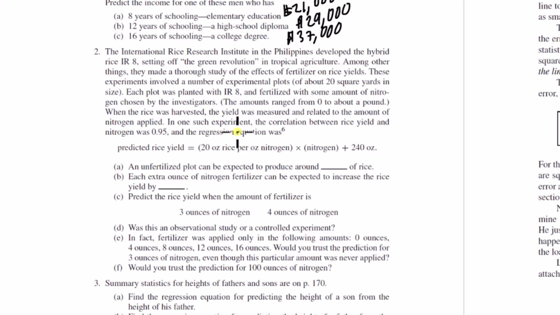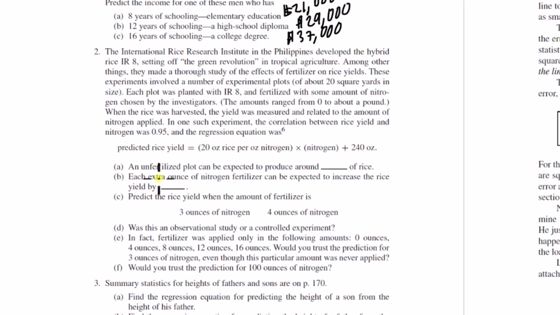In one such experiment, the correlation between rice yield and nitrogen was 0.95, and the regression equation was as shown here. Okay, so they just gave us a backstory here. In one such experiment, the correlation between rice yield and nitrogen was 0.95, and the regression equation was this.